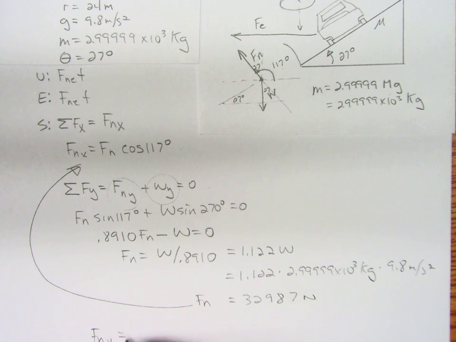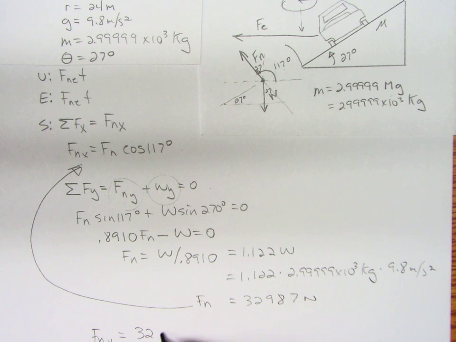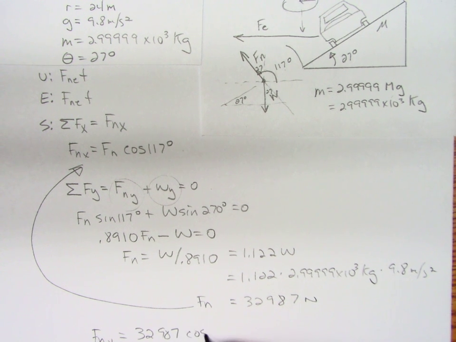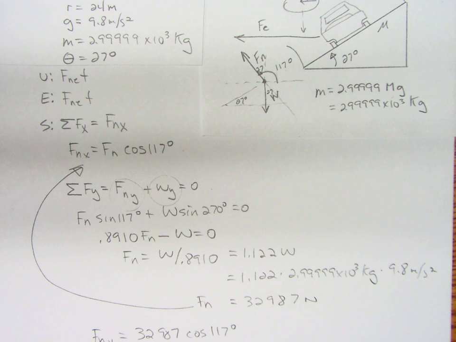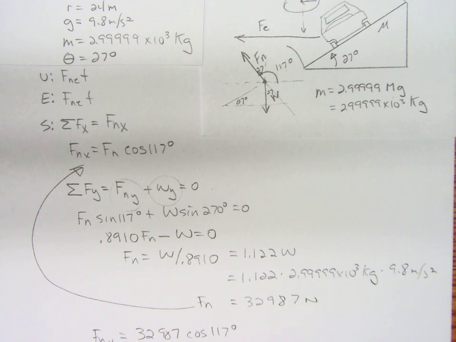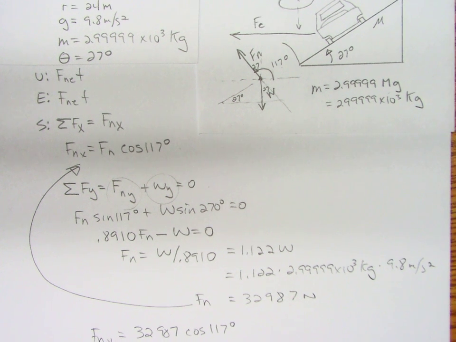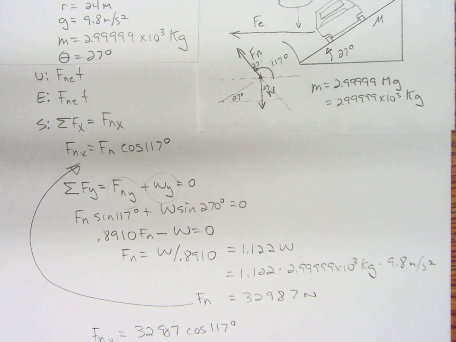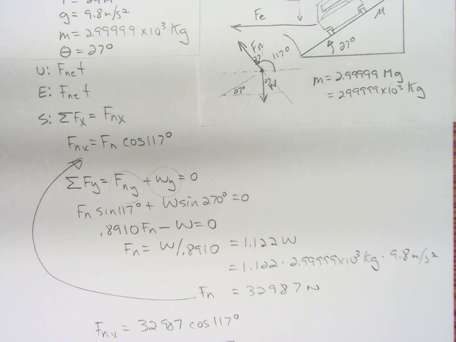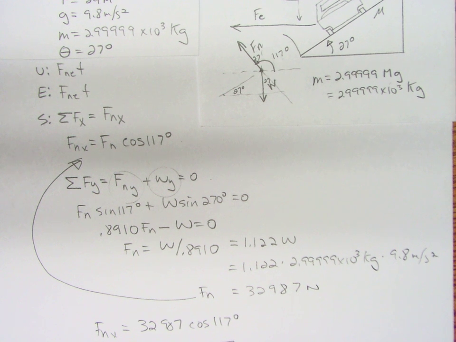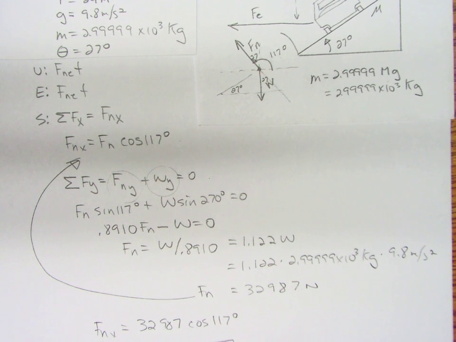So Fnx is equal to 32,987 times the cosine of 117 degrees, and that is going to be negative 14,976 newtons. Okay, this is the magnitude and direction. We are only looking for the magnitude. So Fnx is equal to 14,976 newtons.